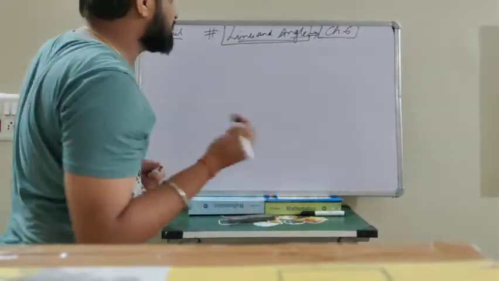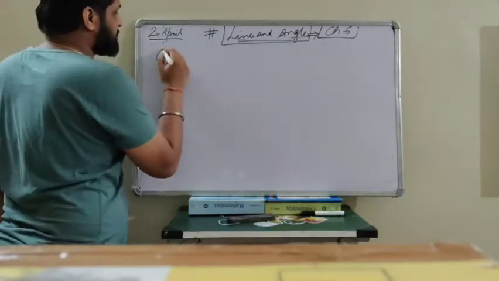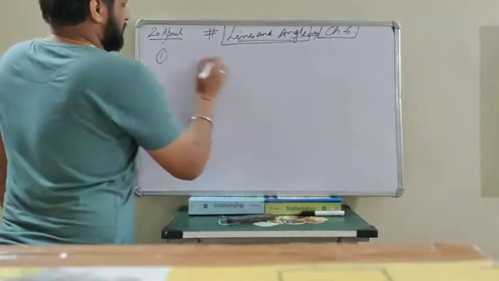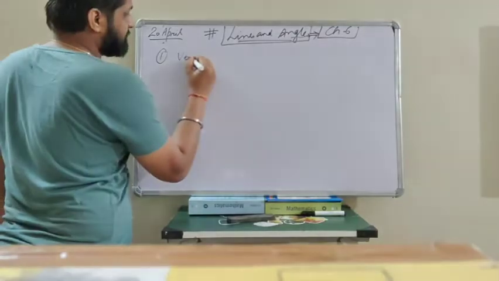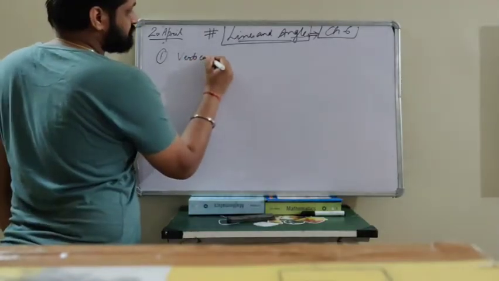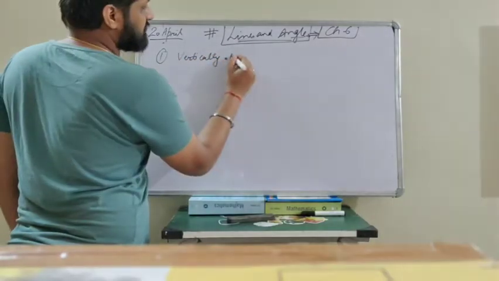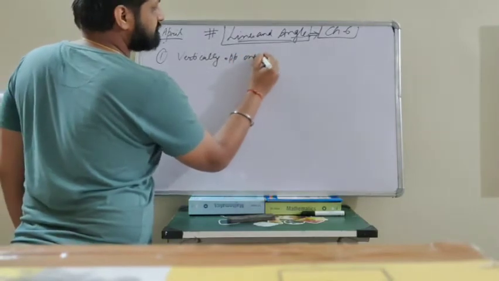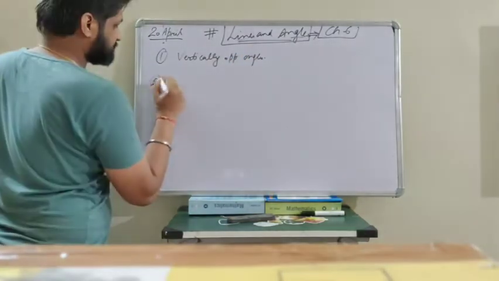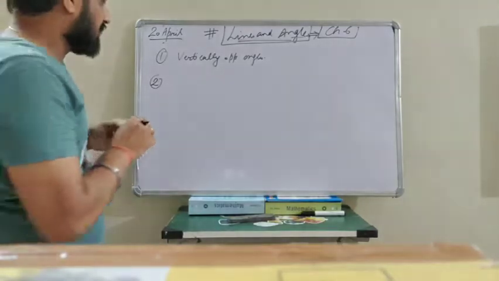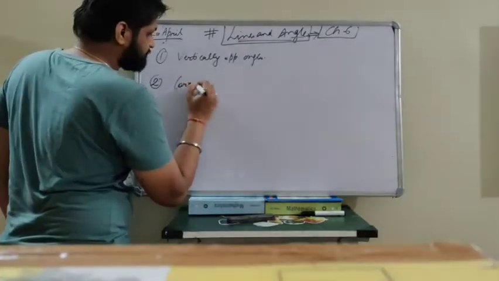Now different types of angles, you basically start with the concept that is vertically opposite angles. Then corresponding angles.